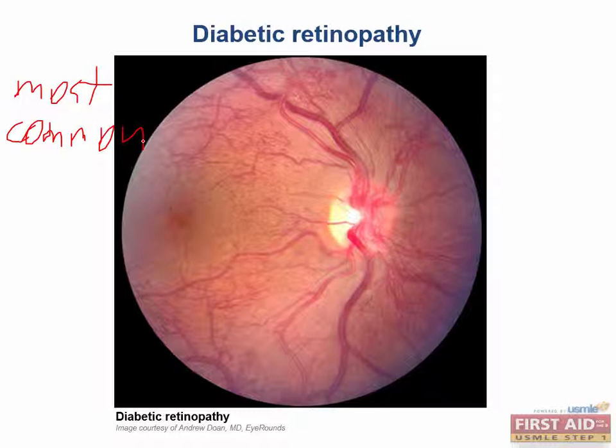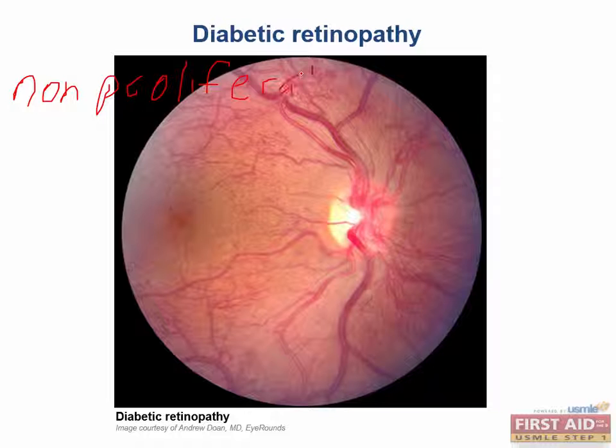Small blood vessels are especially susceptible to high blood glucose levels seen in diabetes, and of course the retinal arteries are no exception. Diabetic retinopathy occurs in two stages: a non-proliferative stage and of course a proliferative stage.